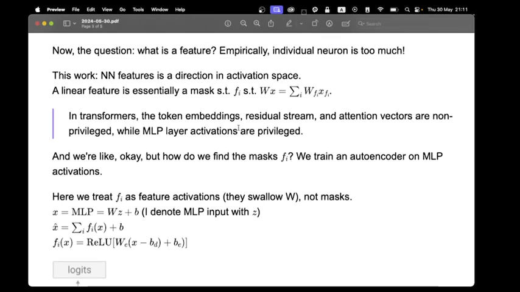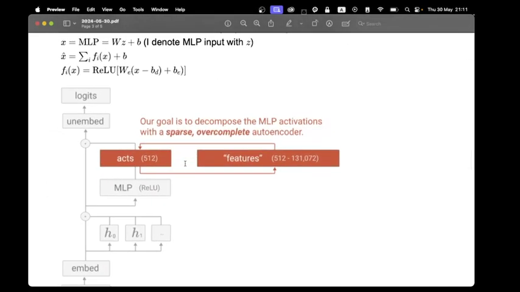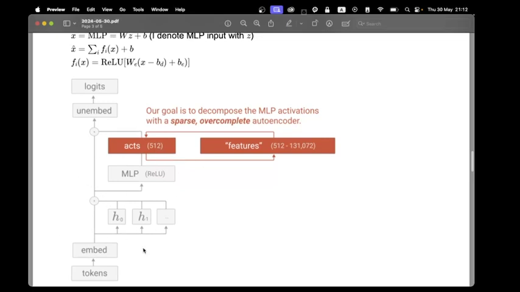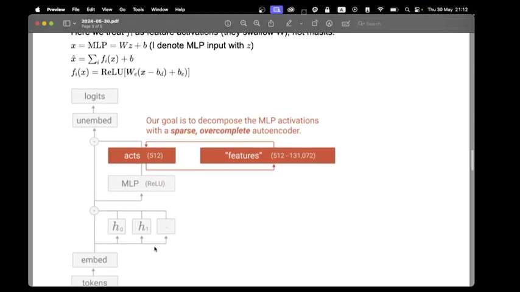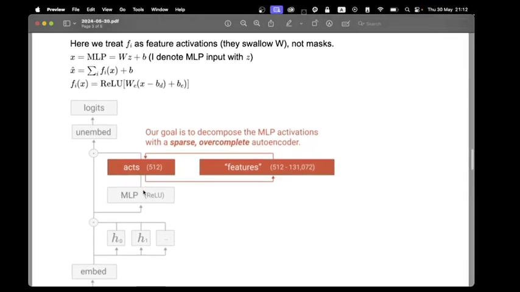Okay, we defined a feature, and the question is how to operationalize that. How do we actually find those features? Here is a picture of the transformer again. We have attention heads, and then we have the linear layer. And we are going to train another model on the output of the linear layer.